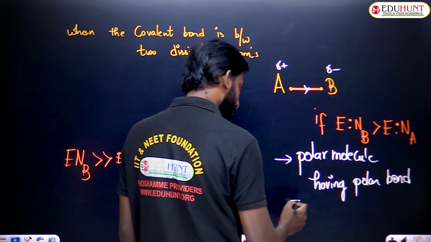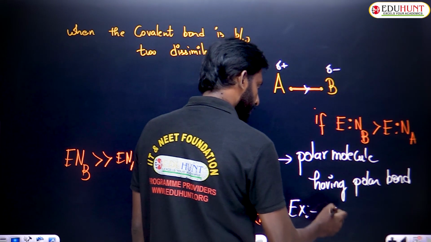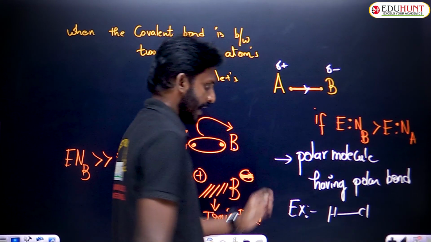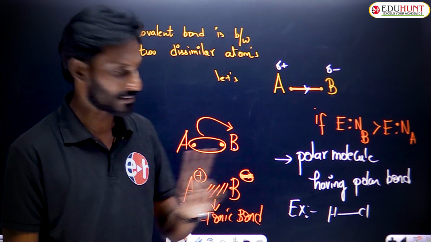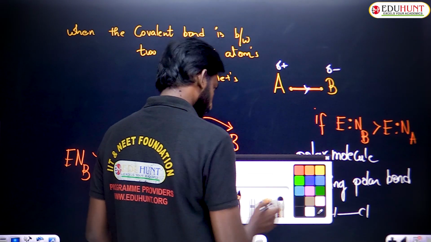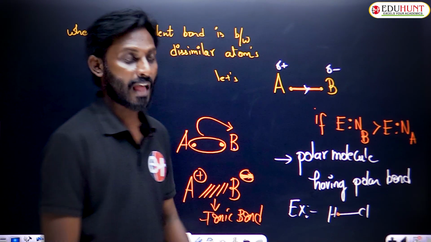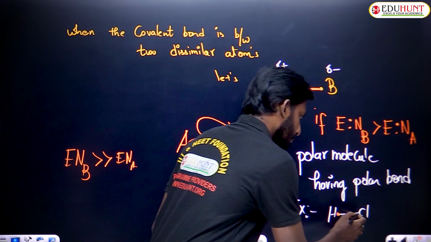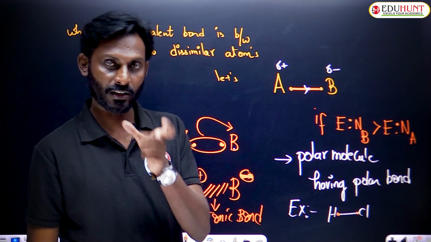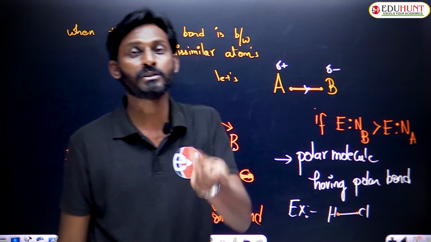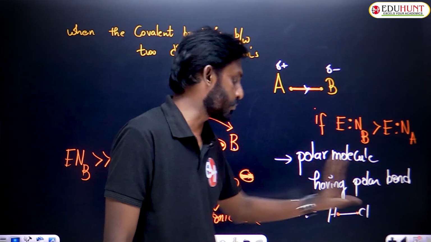You can take a real example, like HCl. Between hydrogen and chlorine, that's a covalent bond. In that bond, one electron is contributed from hydrogen and another electron from chlorine. Of course, that is the shared pair, which is supposed to be shared between the two atoms.